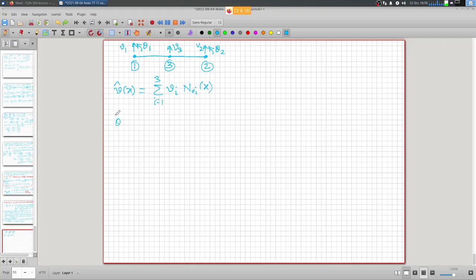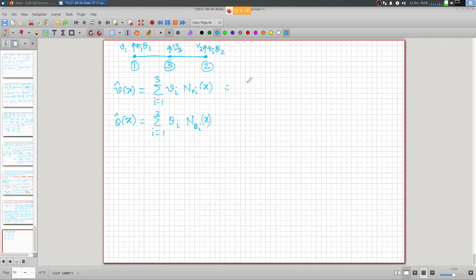And theta hat of x is the sum for i equal to 1 to 2 of theta i Ni of x.